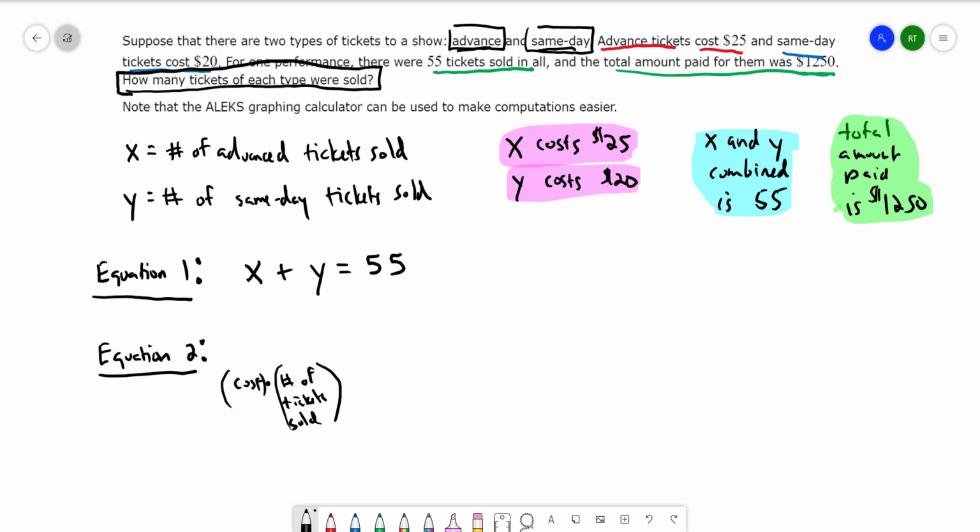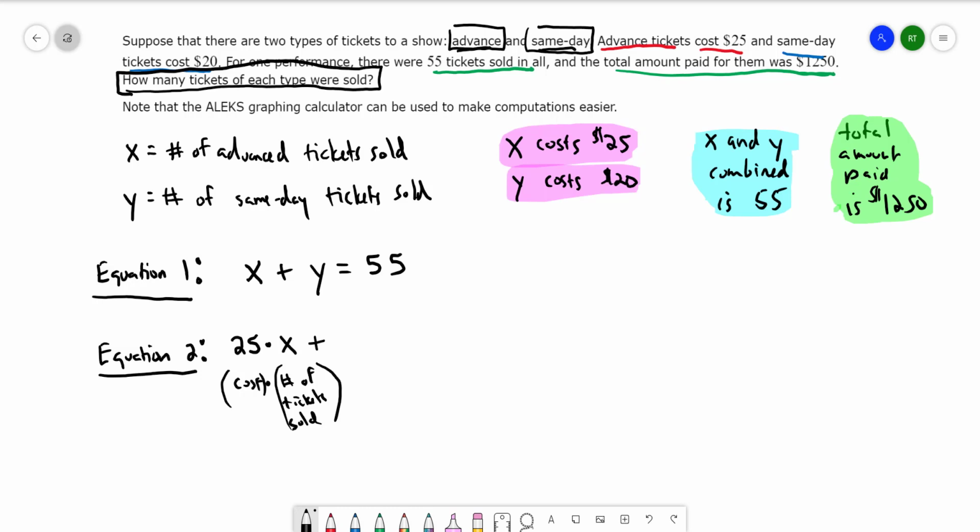The cost of advance tickets is $25, and I'm going to multiply that with the number of tickets sold. How many advance tickets were sold? We don't know, we just know it's represented by X. So I'm going to multiply that with X. Then I add how much they made off of same day tickets, which is the same exact idea.